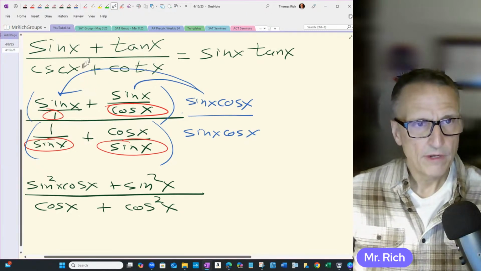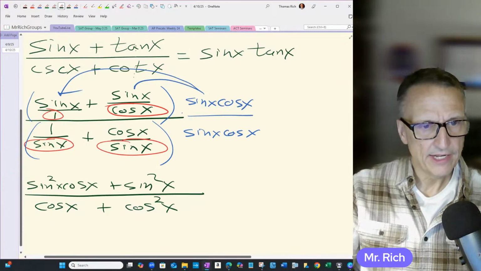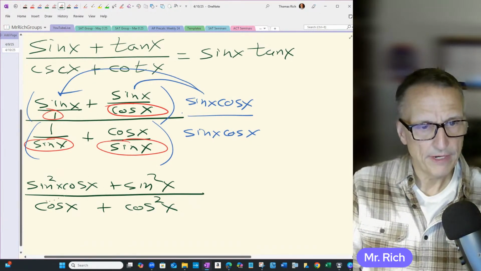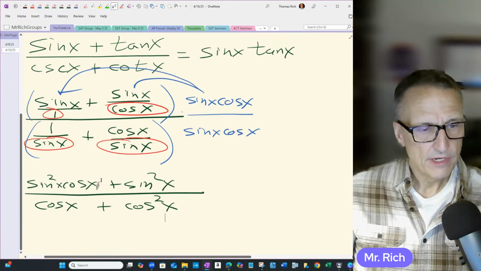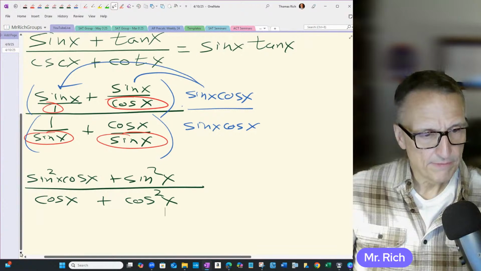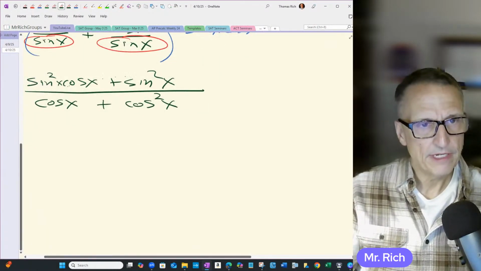We're like, okay, what does this get me? We started with sine x plus tan x on the top and cosecant plus cotangent on the bottom, but now we are at this stage right here. I notice from an algebra standpoint that there is something I could do on the top and bottom to simplify, because there is a common factor of sine squared in the numerator.